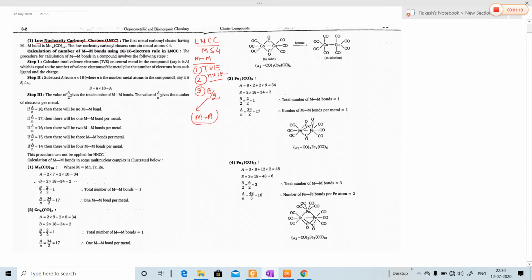And these are the 3 steps which are involved for the calculation of metal-metal bond in the organometallic compound.